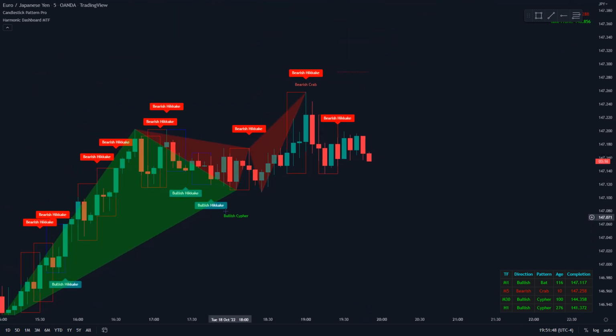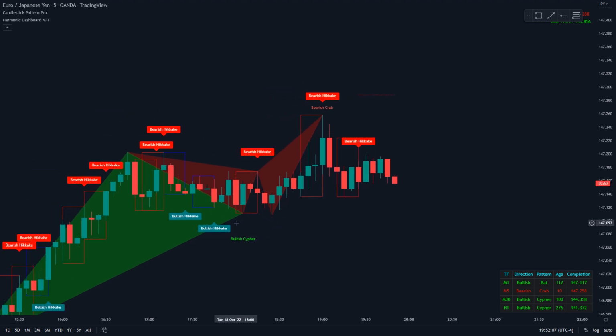Seeing this bullish reversal pattern show up with the bullish cipher is kind of showing 2 different things. It's showing a continuation of a trend, but the bullish Hikaki is also supposed to be a reversal pattern. So we are going to filter out this signal here, right?